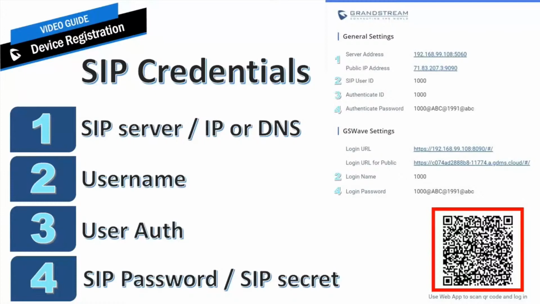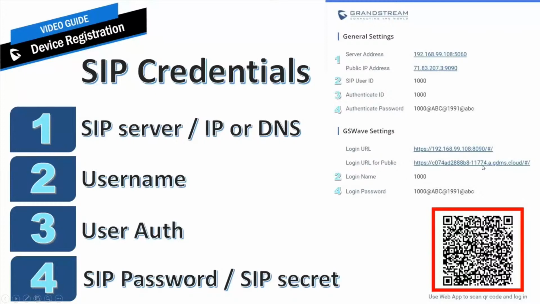So makikita natin dito sa general settings andyan yung server address, andyan din yung public IP address, yung SIP user ID, authentication ID, and then the authentication password. So if gusto naman natin gamitin yung GS Wave, meron din tayong login URL dyan. And then meron ding login URL para sa public.